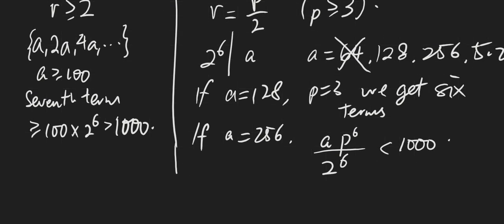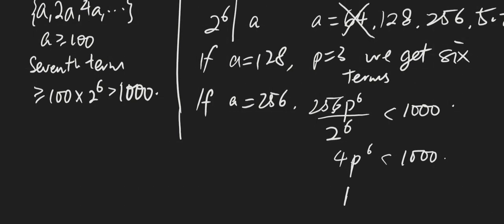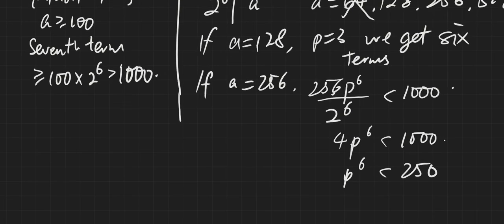But of course, this means that 256 over 2 to the power of 6 is 4, so we have p to the 6 less than 1000 over 4, which doesn't hold, right?